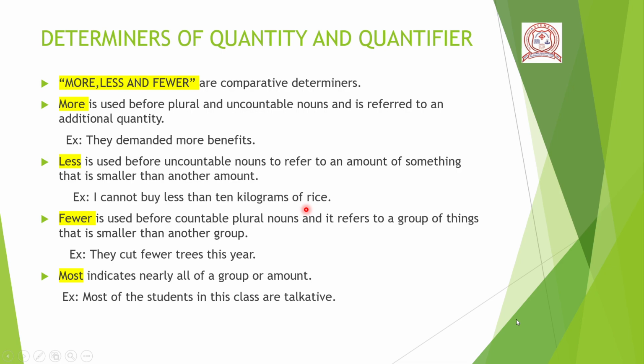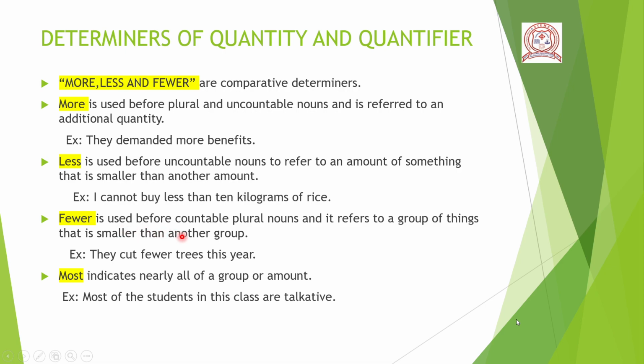She usually buys 10 kilograms of rice. Here, rice is uncountable, but with the use of 10, it is a smaller amount. She says I cannot buy less than 10 kilograms of rice, which means she usually buys 10 kilograms and can't go below that.